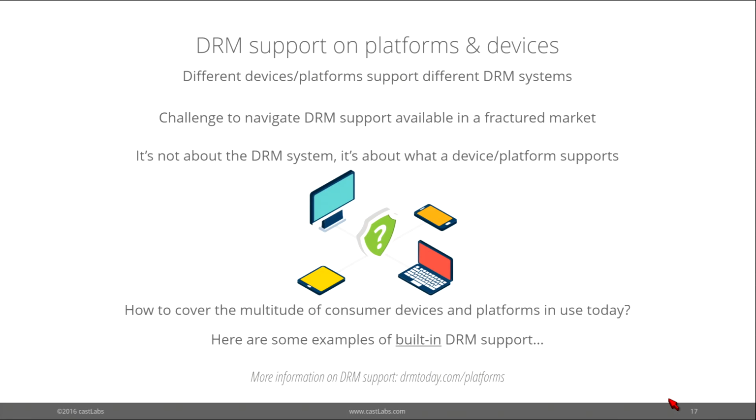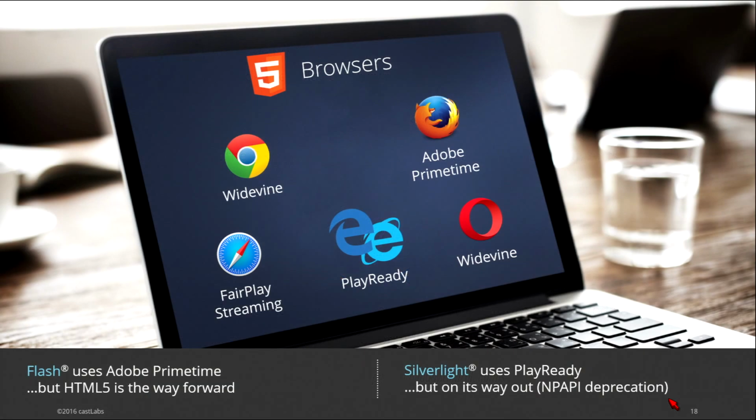So how do you cover the most devices and platforms out there? Well, HTML5 browsers, like Widevine, Adobe Primetime, PlayReady, and FairPlay are all supported in HTML5 browsers. Flash uses Primetime, but HTML5 is the way forward in this. And then Silverlight uses PlayReady, obviously, being a Microsoft product.